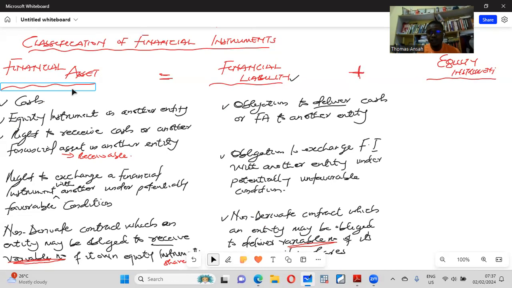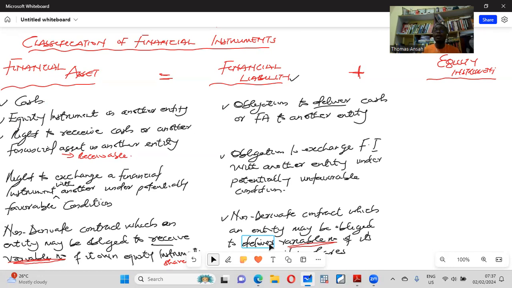So there is a tiebreaker between the financial liability and the equity instrument, and you have to know the difference. Over here you have an obligation, so it makes it easier. But here it's a non-derivative, and the key striking difference is the variable number. You don't know the number of shares. The number of shares will be dependent on something, most of the time the fair value. So that is a liability.